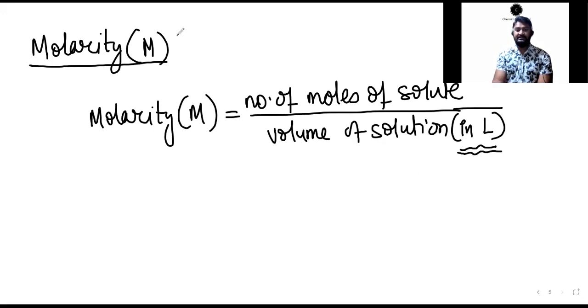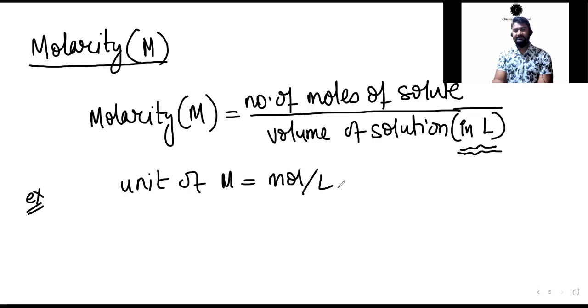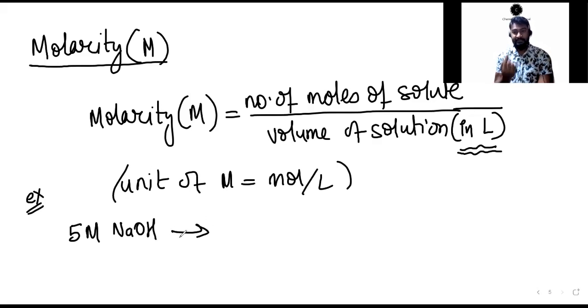Okay. So let's understand with an example. Again, let's try to decode something. Before that, what's the unit of molarity? The unit of molarity will be mole per liter. That's it. Now, what does 5 molar NaOH solution mean? If someone asks you, you must know how to decode. I'm telling you over and over again because in the next lecture we'll be doing questions.